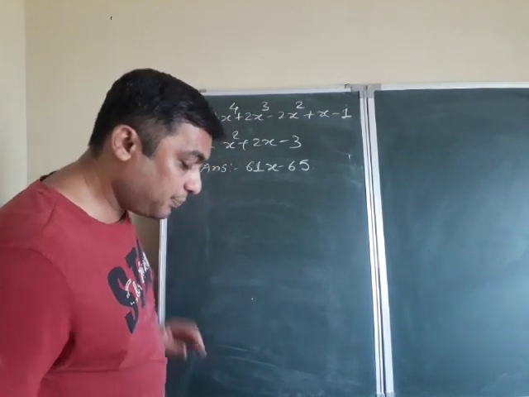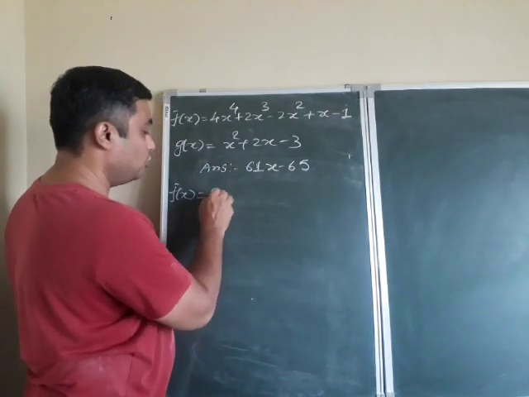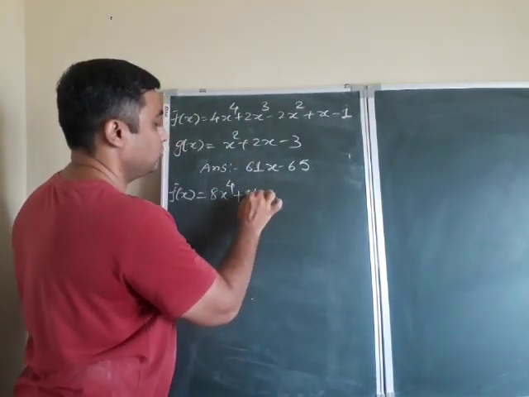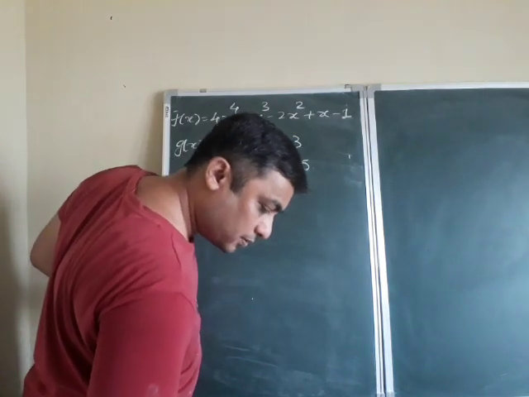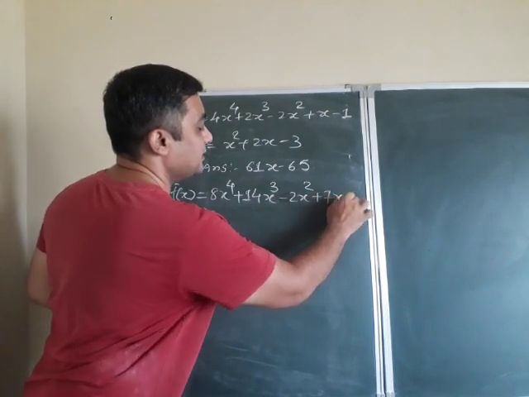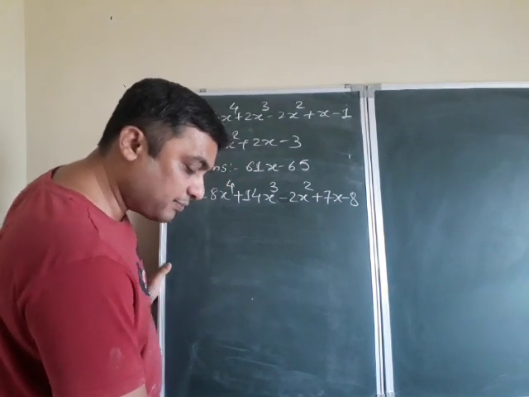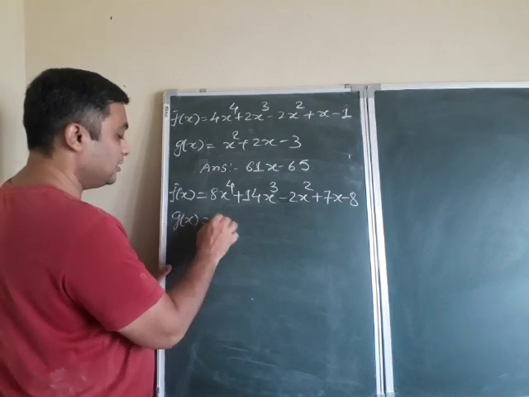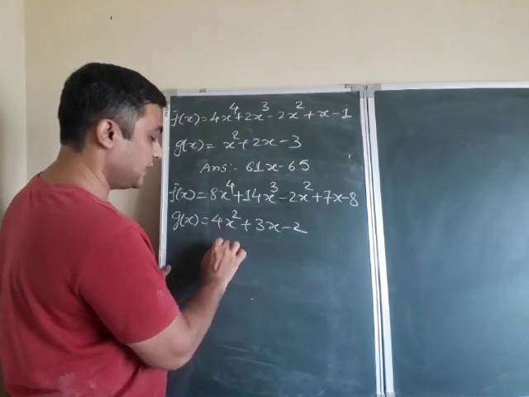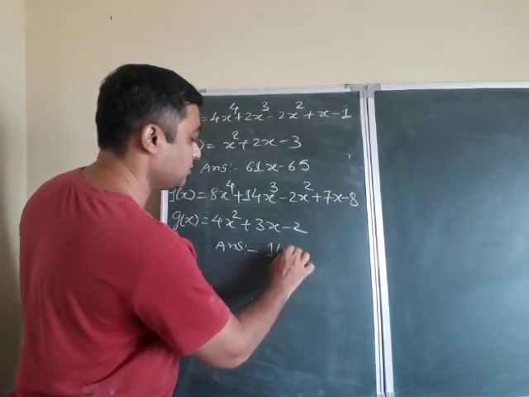What must be subtracted from polynomial f of x is equal to 8x raised to 4 plus 14x cube minus 2x square plus 7x minus 8, so that the resulting polynomial is exactly divisible by g of x is equal to 4x square plus 3x minus 2. Write down the answer: 14x minus 10.